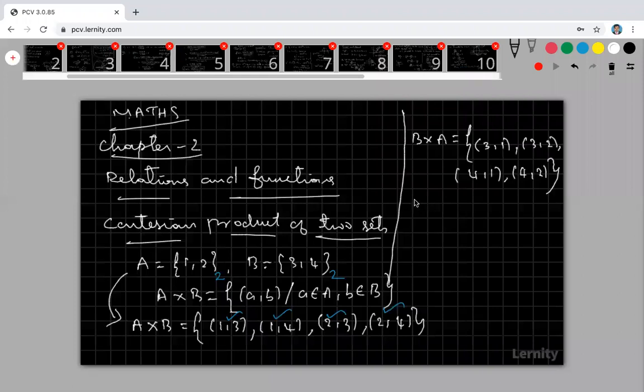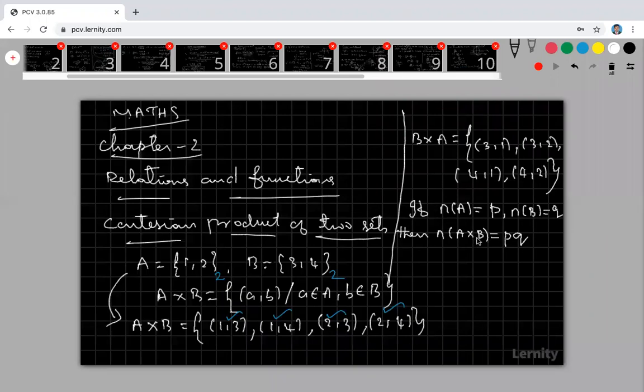So look at that. If n(A) is equal to p, that means the number of elements of A is p, and the number of elements of B is q, then n(A cross B), the number of elements in A cross B, is equal to pq.